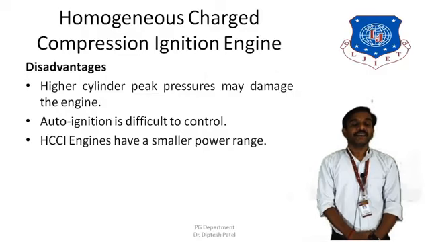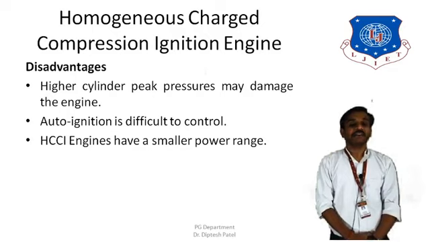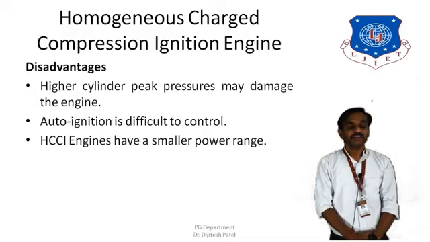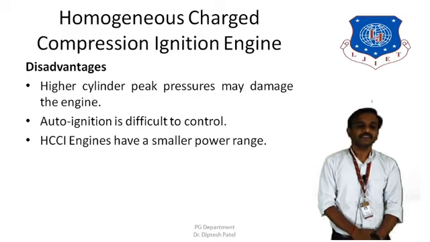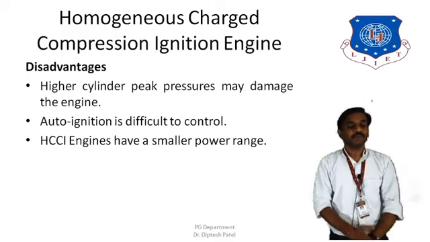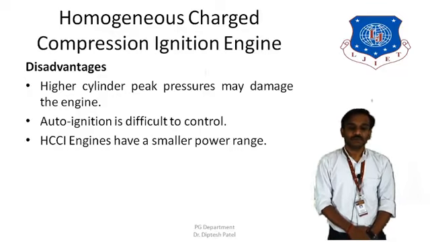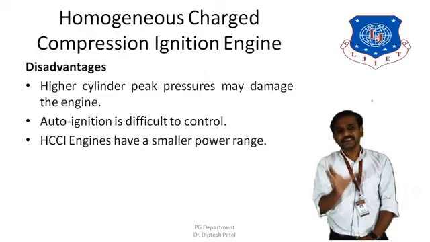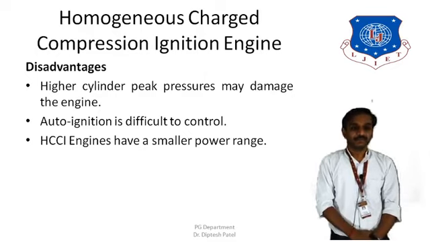Since we need to ignite the air fuel mixture spontaneously, we need to build high pressure in the combustion chamber, and therefore the engine has to be more rigid to withstand this high pressure, and there are a lot of different things associated with it, such as cost and weight. The capital cost would be high, because the engine components have to be more rigid, and the overall weight of the engine would also increase. So these are the disadvantages, because we need to build high pressure inside the combustion chamber.